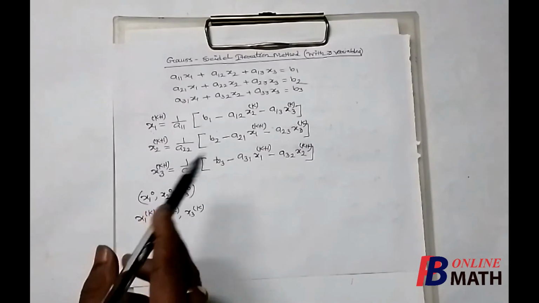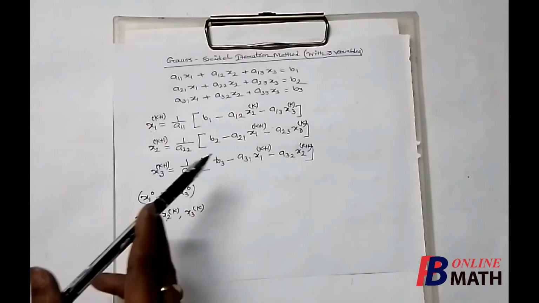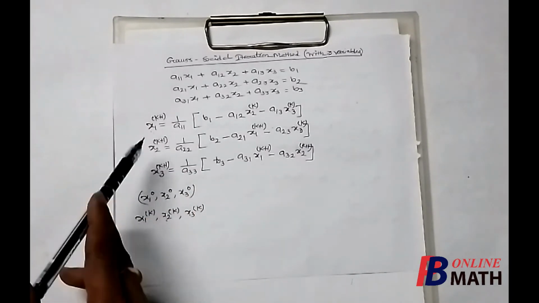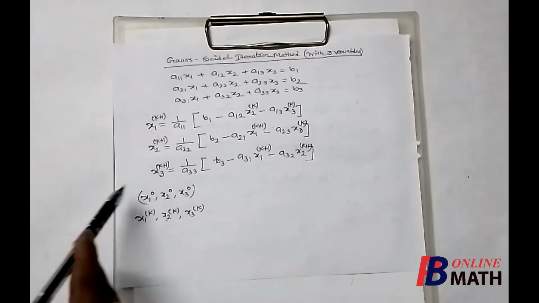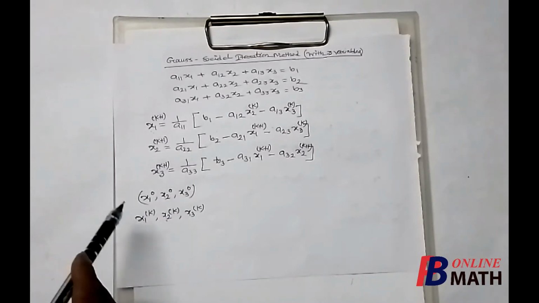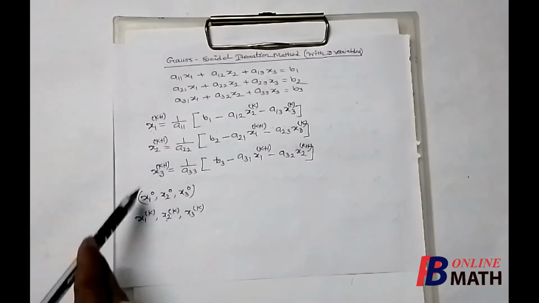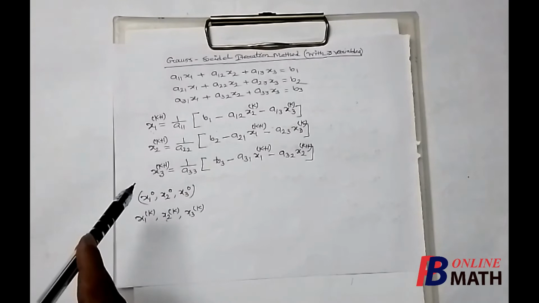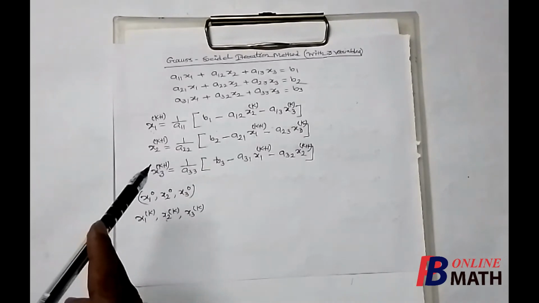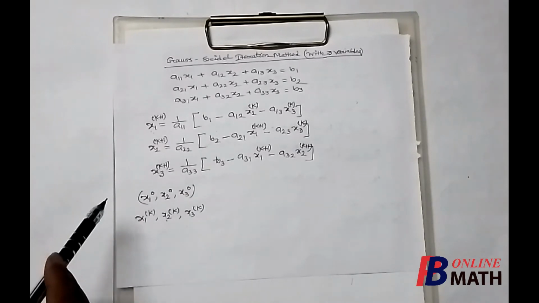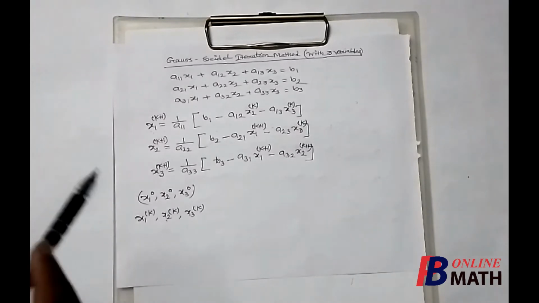So using the kth approximations, we can easily find the k plus 1th approximation of x1, x2, x3. Again, using these values, we can easily get the k plus 2th approximation of x1, x2, x3. So by using this iteration formulae, we can easily find the successive approximations of x1, x2, x3.